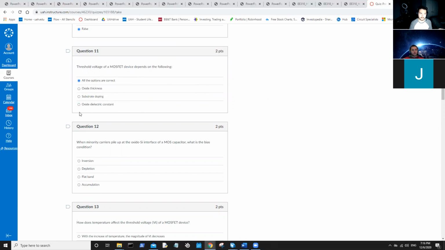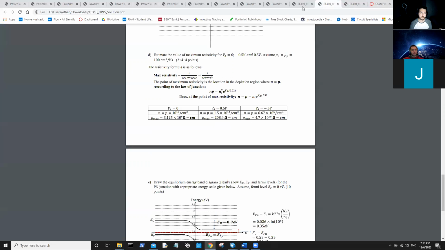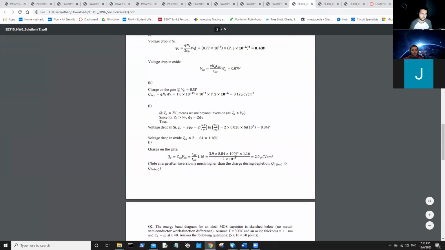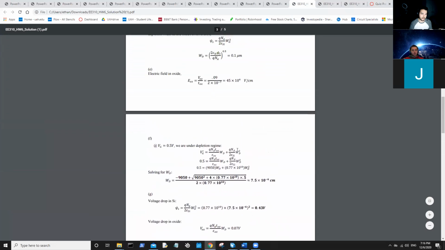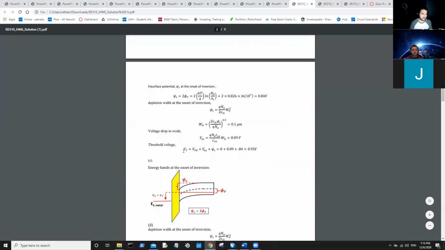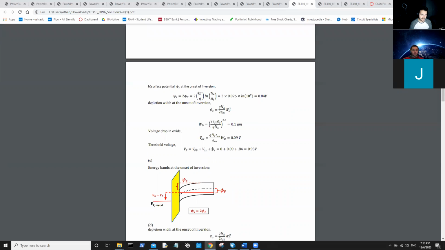And all three of these things factor into the threshold voltage equation, which should be right. Where are you hiding from me? Probably not. Yeah, threshold voltage is right here, which is dependent on these separate equations.